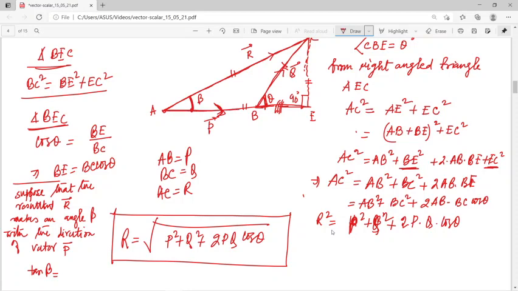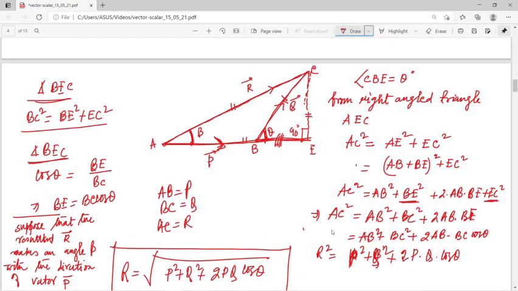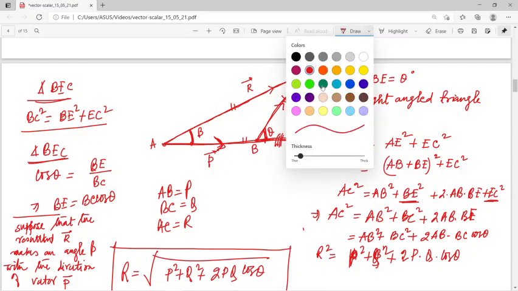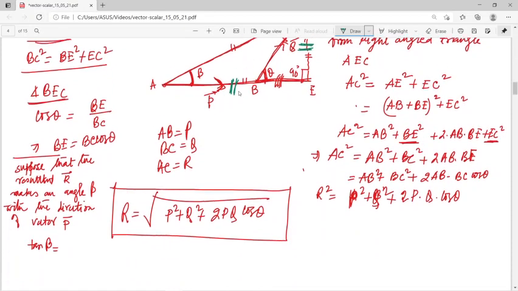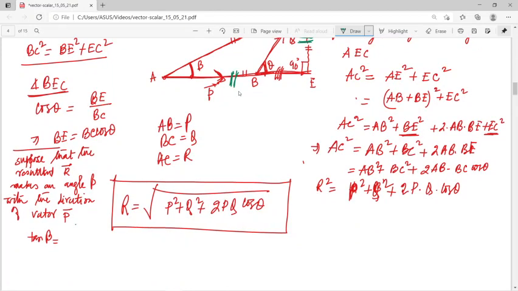From the right angle triangle, tan beta is CE divided by AE.